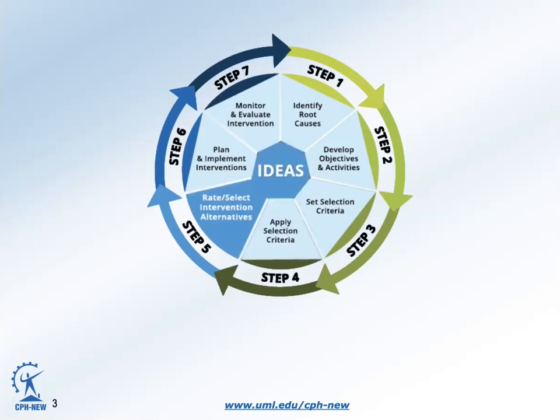In Ideas Step 5, the steering committee takes an active role in learning about the interventions and deciding what to implement. The rest of this module will show you the details of the Step 5 process.